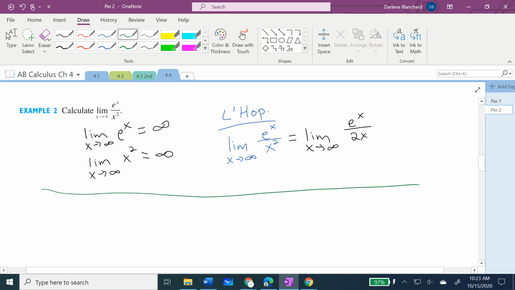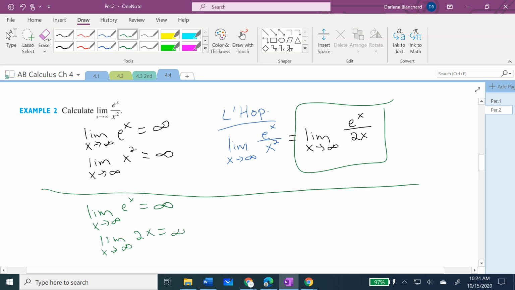Let's loop it again. So, new limit. Again, the limit as x approaches infinity of the numerator of the limit I am trying to solve is equal to infinity. The limit as x approaches infinity of the denominator is infinity. I'm allowed to L'Hopital. Let's go. Lope it.